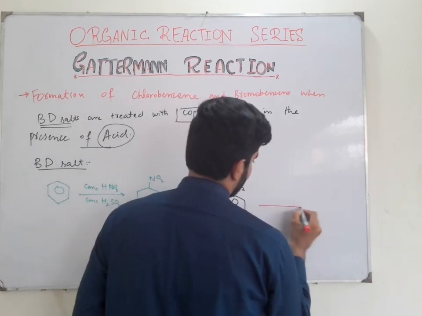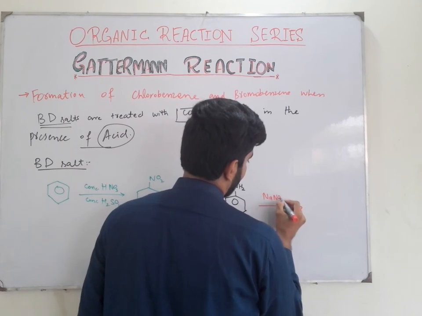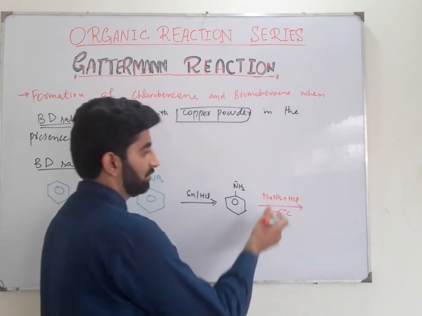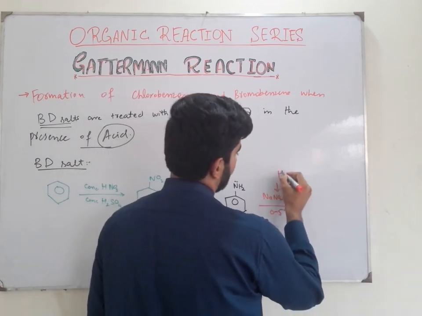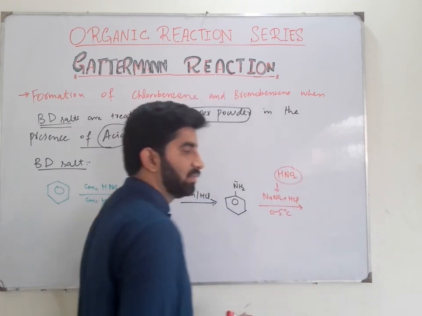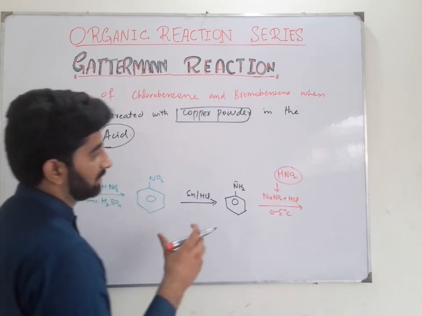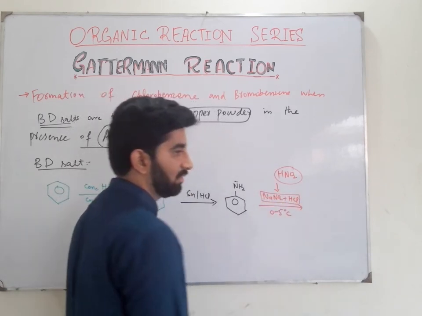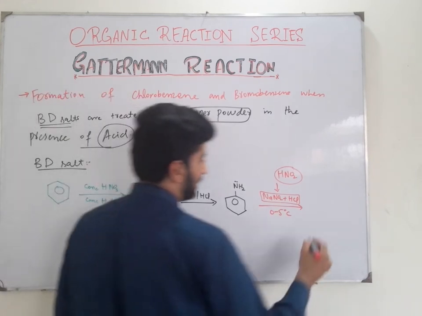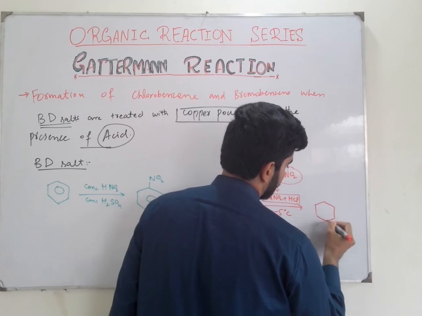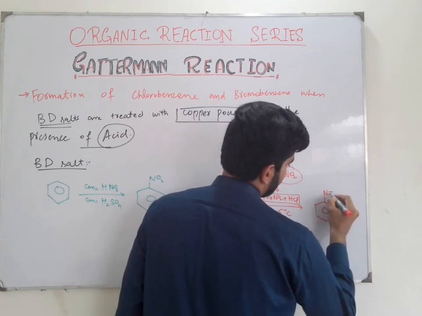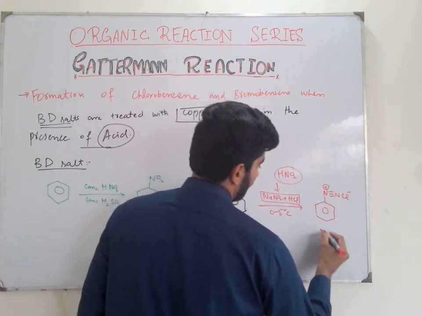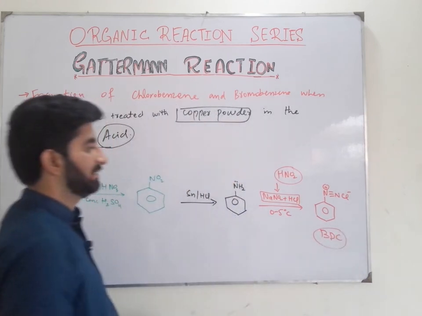Then we add nitrous acid in the form of sodium nitrite and hydrochloric acid, at a temperature of 0 to 5 degrees Celsius. We use nitrous acid in this form because HNO2 is very unstable. Now benzene diazonium chloride is formed, and we call it BDC.